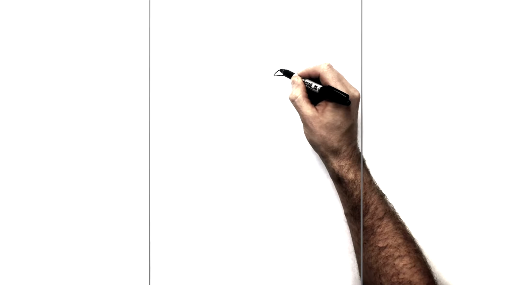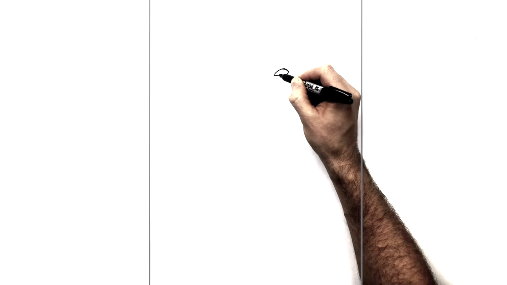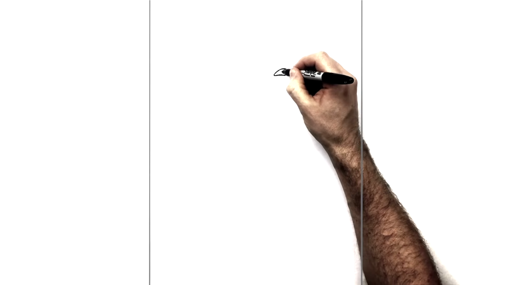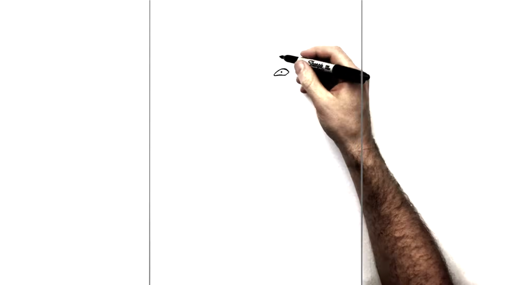I would suggest a pencil for these guys, and hit pause if I go too fast. Like so. Then in here we have his pupil, like that, right in the middle. And then we have the Rinnegan.